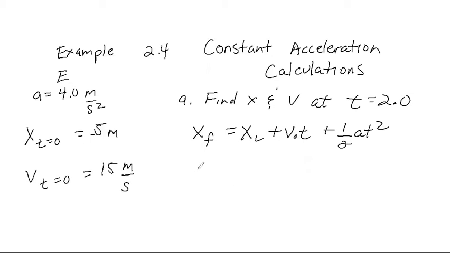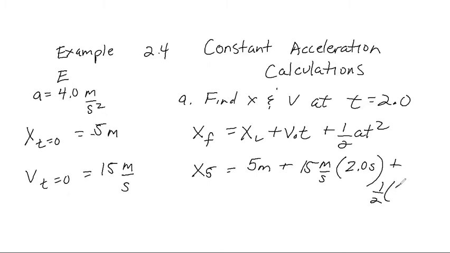So x final is the value we're solving for. So x final equals his initial position at t equals 0, which is 5 meters, plus 15 meters per second, that's his initial velocity, times 2.0 seconds, plus 1/2, and his acceleration is 4.0 meters per second squared, and the time again is 2.0 seconds, and this is going to be quantity squared.